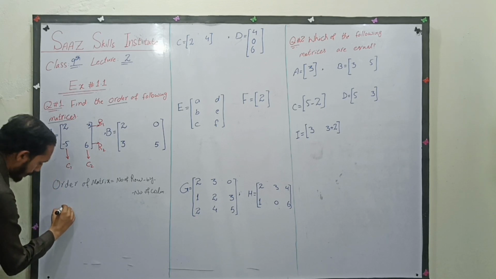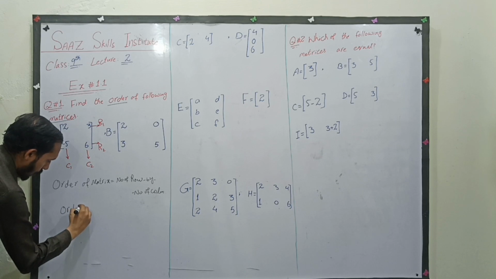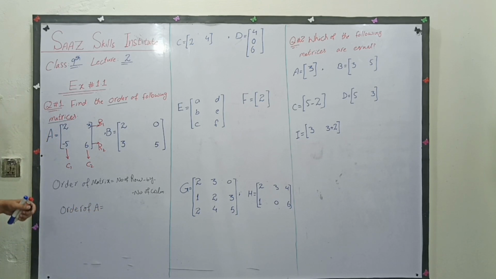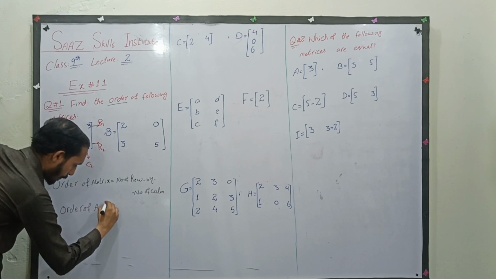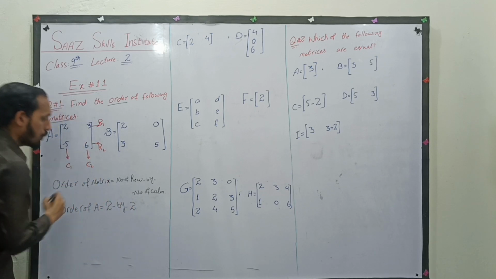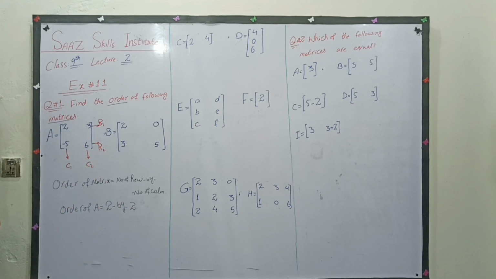So order of A will be equal to number of rows by number of columns. It has two horizontal rows, so number of rows is 2 and number of columns is also 2. So order of A will be 2 by 2.